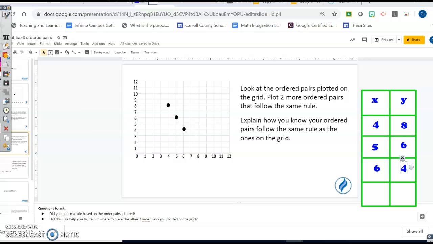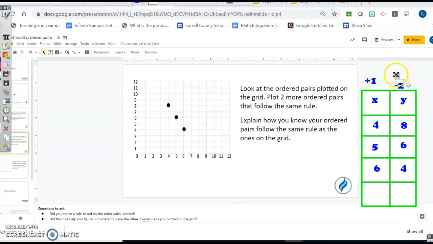So what I can do is put my rule at the top: plus 1 by my x, and minus 2 by my y.